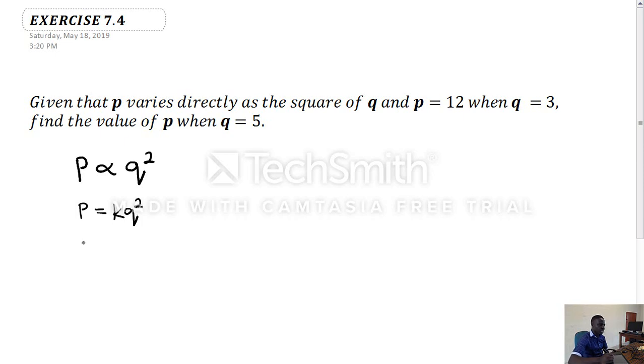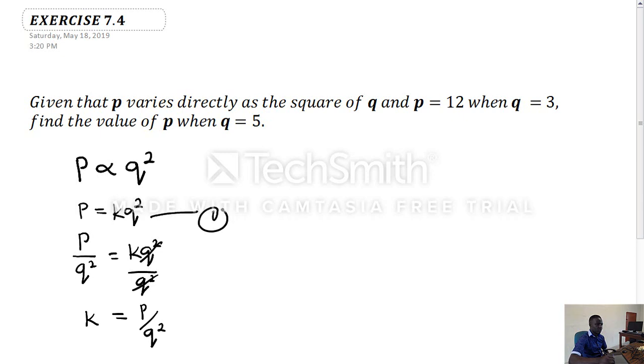Making K the subject of the formula, you divide both sides by Q squared. So we have P over Q squared is equal to KQ squared divided by Q squared. Q squared will cancel Q squared, leaving us with the equation K is equal to P divided by Q squared.